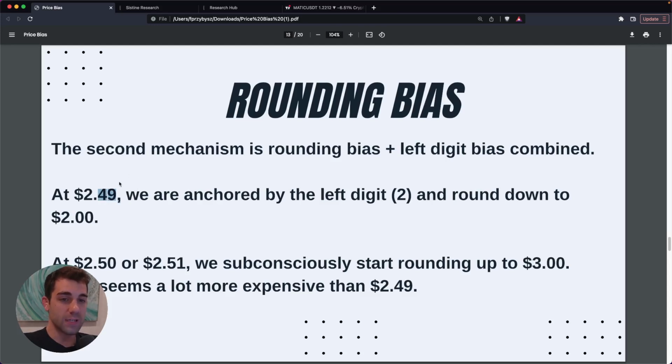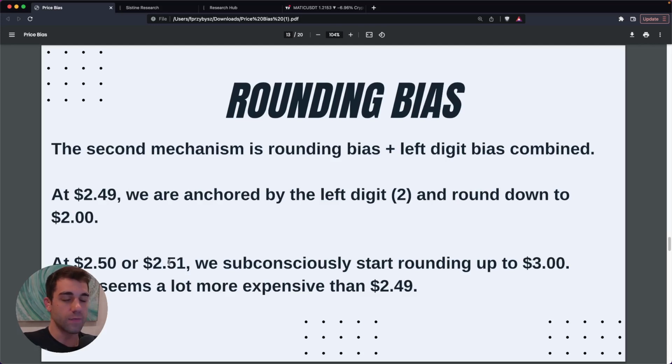But it's reinforced again, or it's even more prolific, when we go to $2.49 because $2.49 actually is closer to $2 than it is to $3. So in our heads, we justify or more quickly round that down to $2, right? $2.49, $2.51, very uncommon numbers and difficult to do mental math and addition with. So it's easier for our brains to round those numbers up or down.